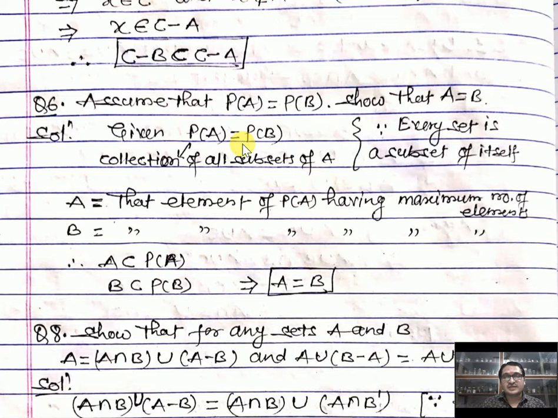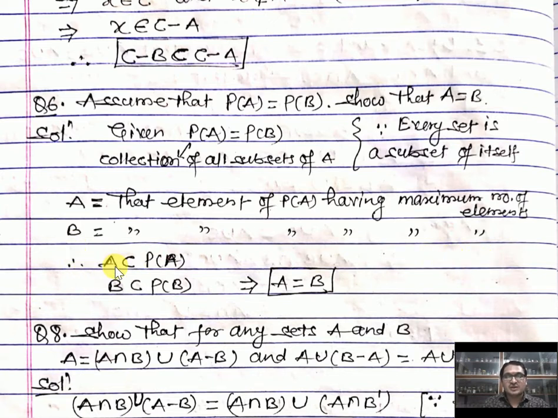Power set of A equal to power set of B means what? Power set means collection of all subsets. Power set of A means collection of all subsets of A. Power set of B means collection of all subsets of B. So A means the element of PA having the maximum number of elements, and B means the element of PB having the maximum number of elements.